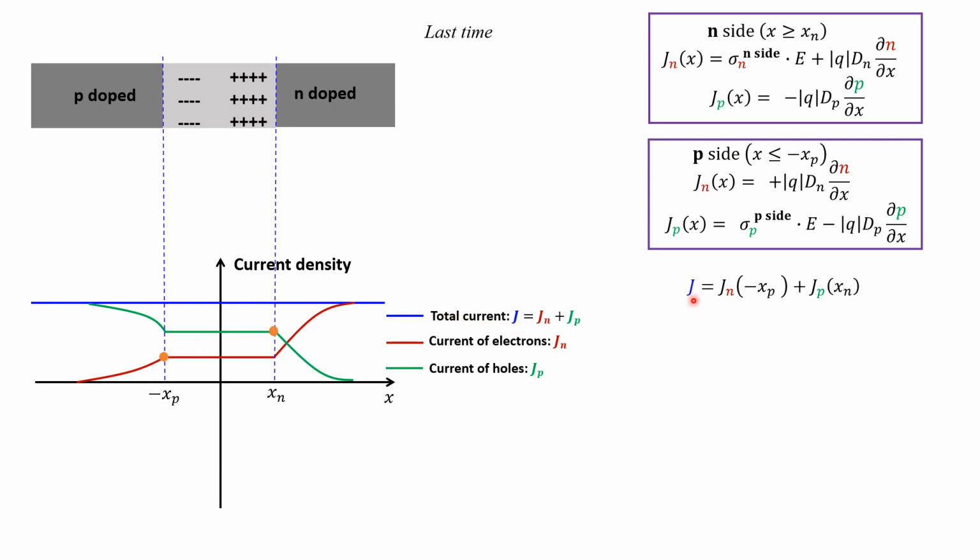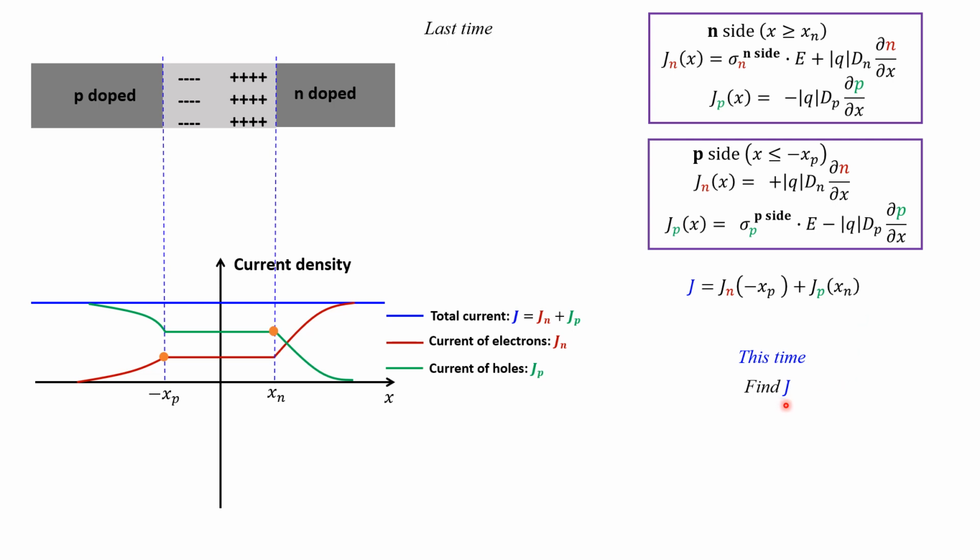So we get the total current by adding the current of electrons, which is only a diffusion current at this point, and the current of holes, which is also only a diffusion current at this point. That is then our job this time, to find the total current by finding these currents and adding them up.